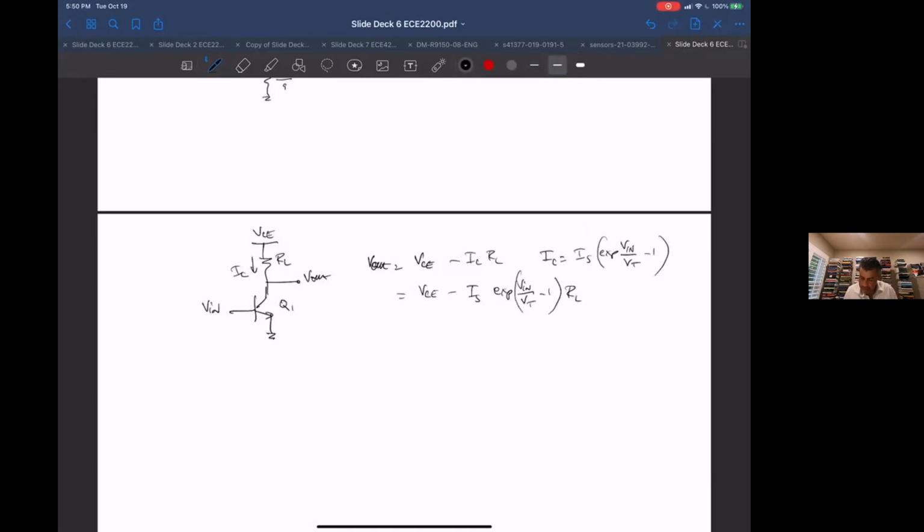times R sub L. Okay, so basically, the way I look at this is, to figure out the gain here, you get V out over Vn, and one way or another you can work out, you've got Vn on this side and V out on this side. Never mind what that exact gain will look like in terms of this equation, but you have gain, right?